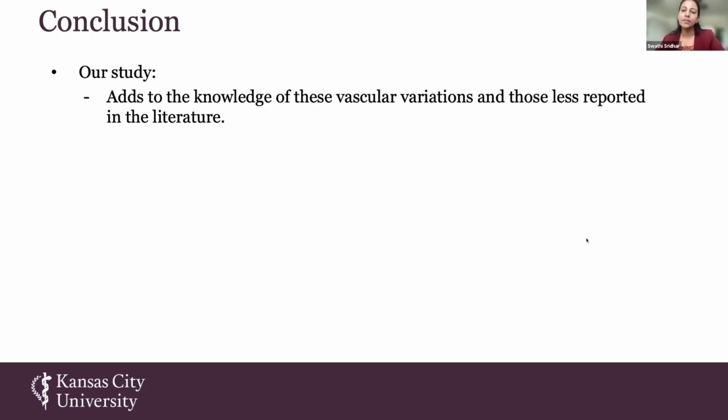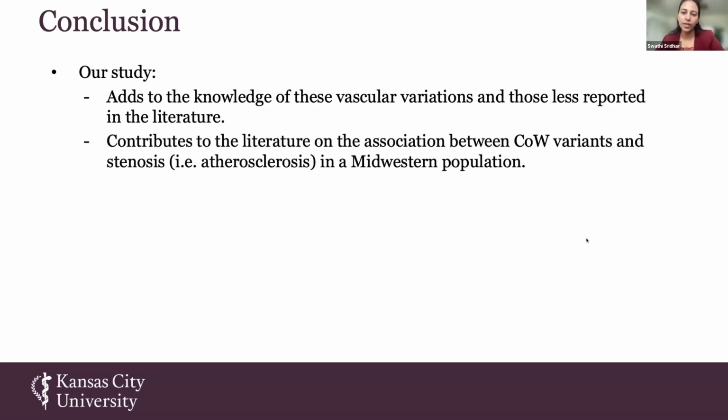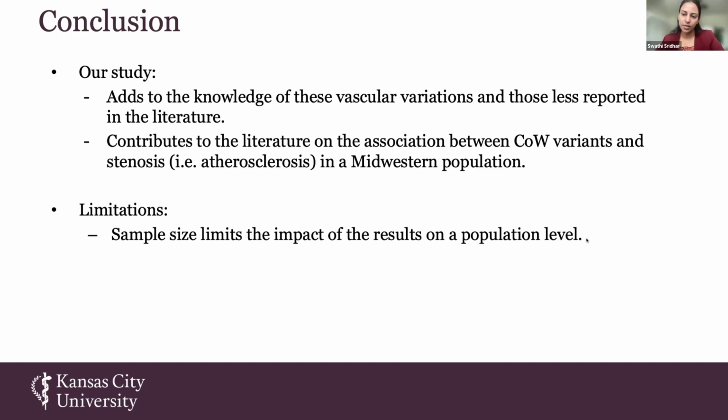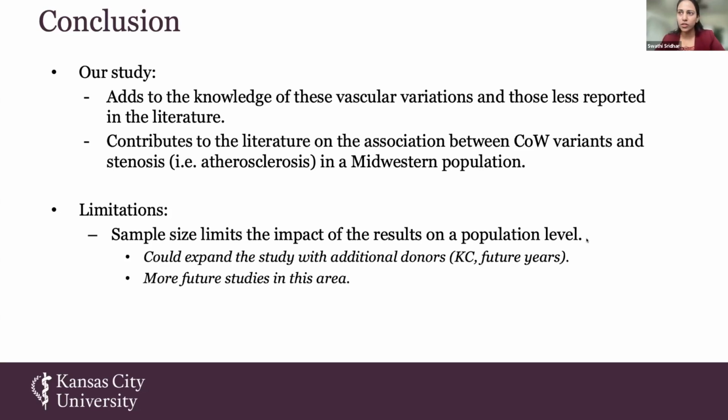And recognizing that there may be population-specific risk factors for cerebrovascular disease, our study also attempts to explain how these variations in the circle of Willis may influence the incidence and severity of the disease in populations such as ours in the Midwest. However, the relatively small sample size emphasizes the importance of more robust data to strengthen the findings of our study and to generalize these results to a broader Midwestern population. And this could be achieved by doing more longitudinal studies or adding more donors, and also continuing the study in this area in the future.